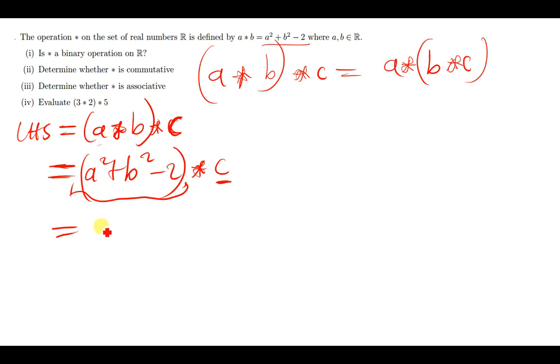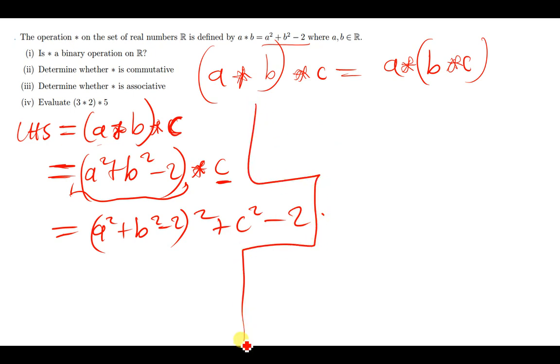We're going to have A squared plus B squared minus 2, squared, then plus C squared minus 2. So this is our first simplified expression of the left hand side.